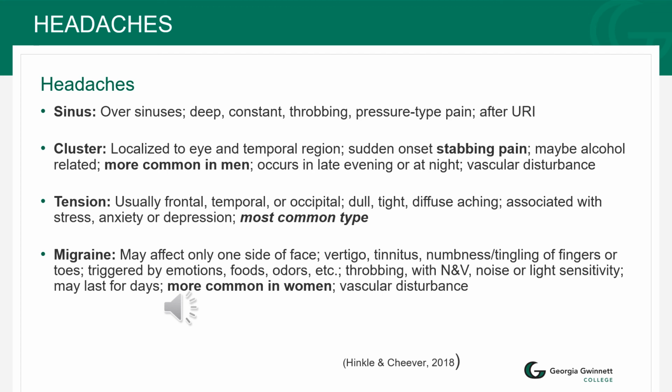It can last up to days, and often can have an impact on the activity of daily living, from 4 to 72 hours. It also is a vascular disturbance, so the vessels in the head are dilating and cause the pain in the head, and migraines are more common in women.